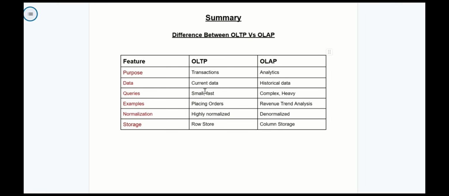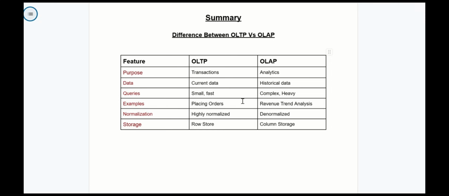The queries in OLTP are small and fast, while in OLAP the queries are complex, because OLTP deals with just a small amount of current data, whereas OLAP deals with historical data from maybe the whole life of the organization. Dealing with that kind of data is very complex and heavy.